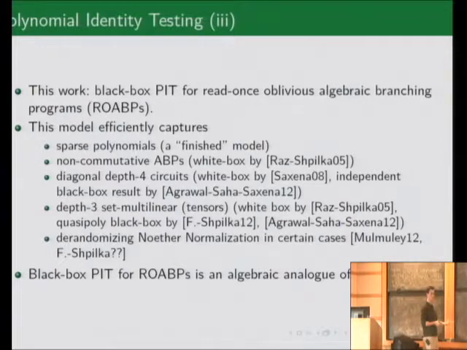So this is some sort of algebraic analog. This is actually a fruitful idea to think about, because if you look at what we're doing later on, you'll see that our results follow some of the paradigms established earlier in the Boolean world. So there's motivation from this, and also they capture other results.